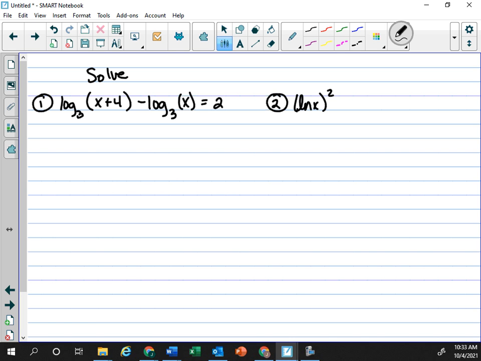Natural log of x squared minus 13 natural log of x plus 42. All right, so go ahead and try and solve those two. And then we'll do some more.